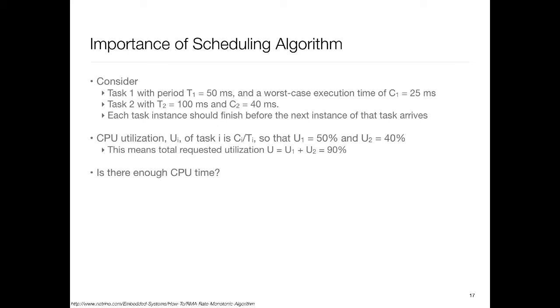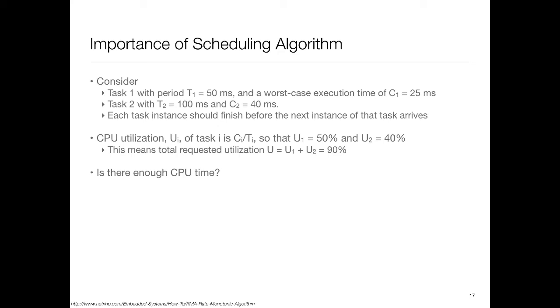If I'm willing to tolerate that, then the fact that the utilization of the CPU is less than 90% is sufficient. All I'm doing is queuing things up, but on average, I need only 90% of the CPU, and therefore I'm fine. In fact, I can even slow down the CPU by roughly 11% or so, and I will still be okay, because I'm allowed to queue up things, which basically means I'm allowed to add delay.